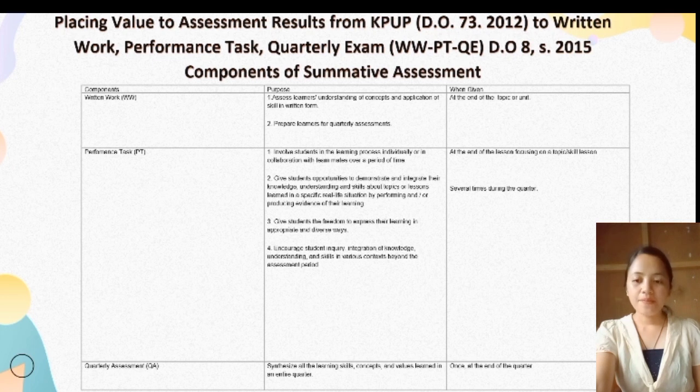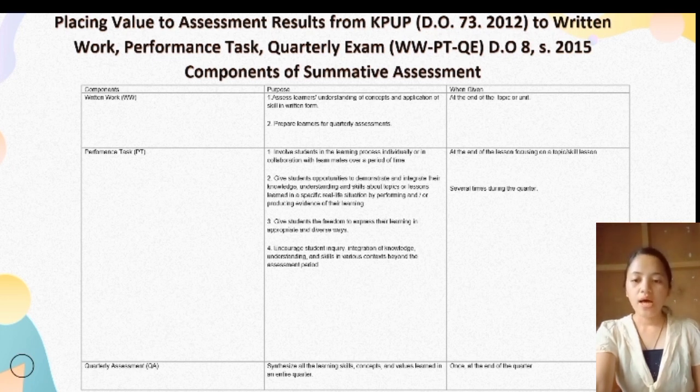Well, the KPUP is still utilized in the grading system, but it is modified into written work or WW, PT or the performance task, and QE the quarterly examination. So the summative assessment is composed of written work, performance task, and quarterly assessment.